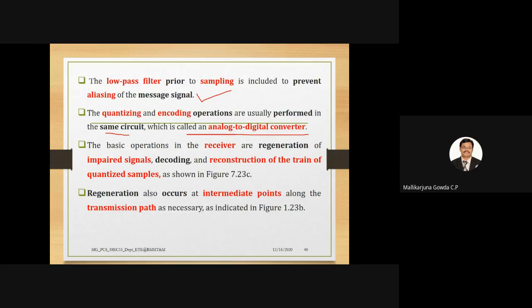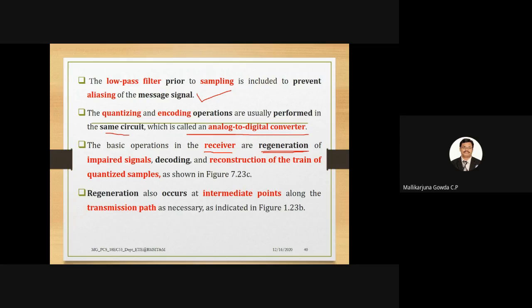Then at the receiver side, we do the reverse operation. The basic operations done in the receiver are regeneration, meaning we use a regenerative repeater between the transmitter and receiver so that we can transmit the signal for a longer distance. Let us see the block diagram of the regenerative repeater.